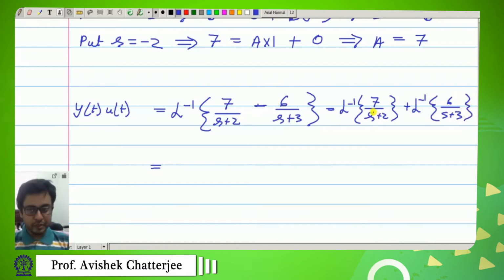Now you remember your standard Laplace transform table, and then you will recognize that Laplace inverse of this is equal to 7, this constant, multiplied with e to the power minus 2t u(t).